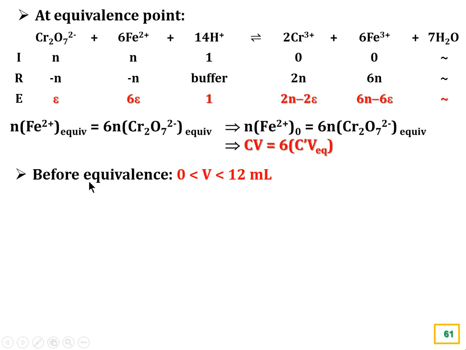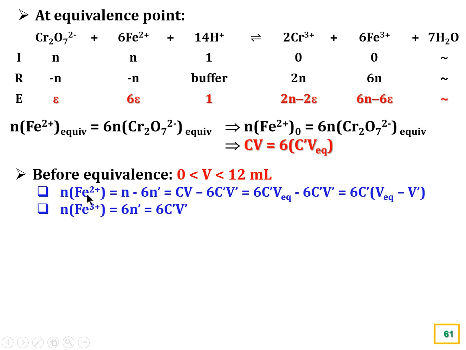So now we return to the volume which is before equivalence. The number of moles of Fe2+ equals N minus 6N', that is CV minus 6C'V'. We replace CV by its value, 6C'V equivalence, so 6C'V equivalence minus 6C'V', which equals 6C'(V equivalence minus V'). And the number of moles of Fe3+ is practically 6N' from the previous table of conversion, so equal to 6C'V'.